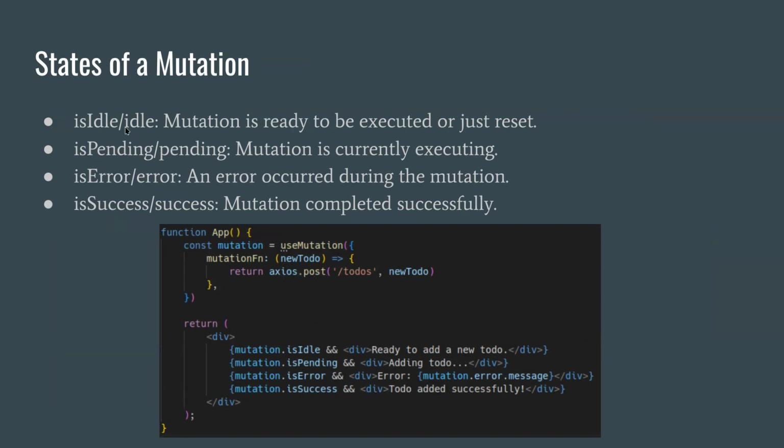These are isIdle, when the mutation is waiting to be executed or has just been reset. isPending, that's when the mutation is actively running. isError, when an error occurs during execution, and isSuccess, when the mutation completes successfully. So understanding these states is crucial for managing the UI feedback and ensuring a smooth user experience.